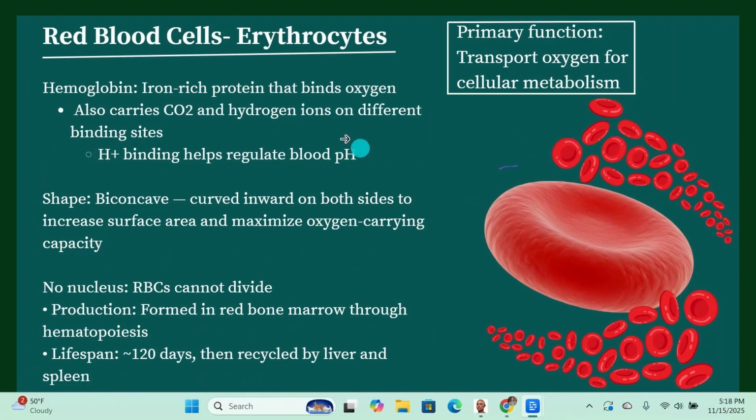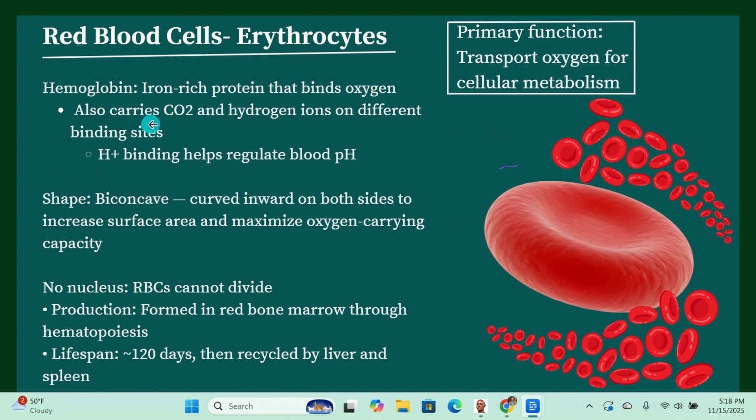Now let's talk about red blood cells, which are also known as erythrocytes. Their main function is to transport oxygen for cellular metabolism in your body. That's how the oxygen that you inhale gets everywhere. That oxygen travels on the red blood cells. Hemoglobin is the iron-rich protein that binds oxygen, and it's attached to a red blood cell.